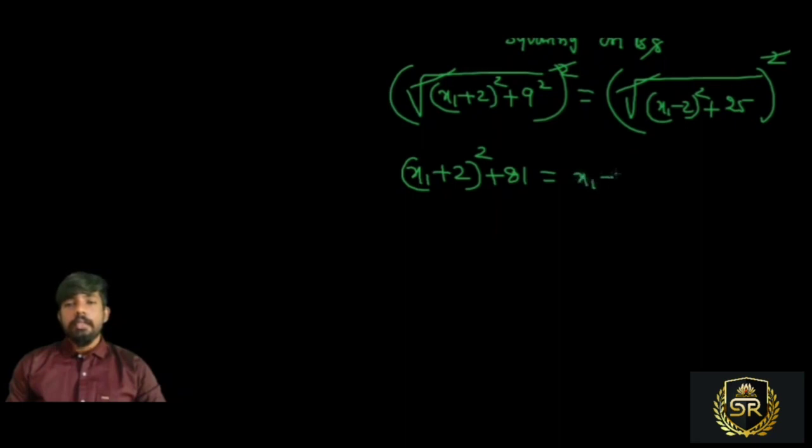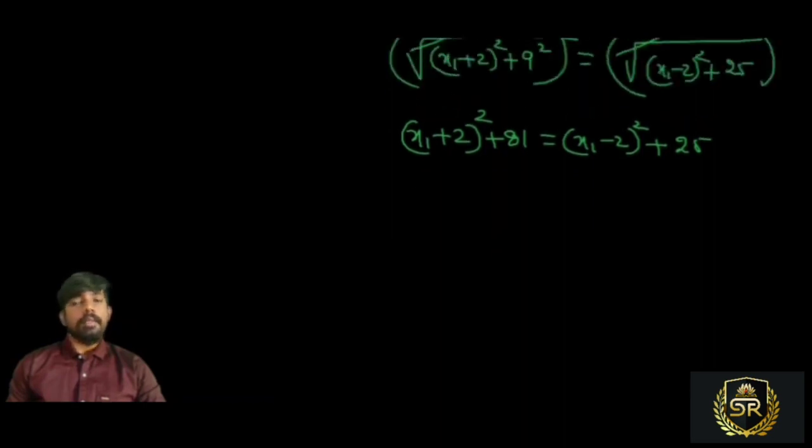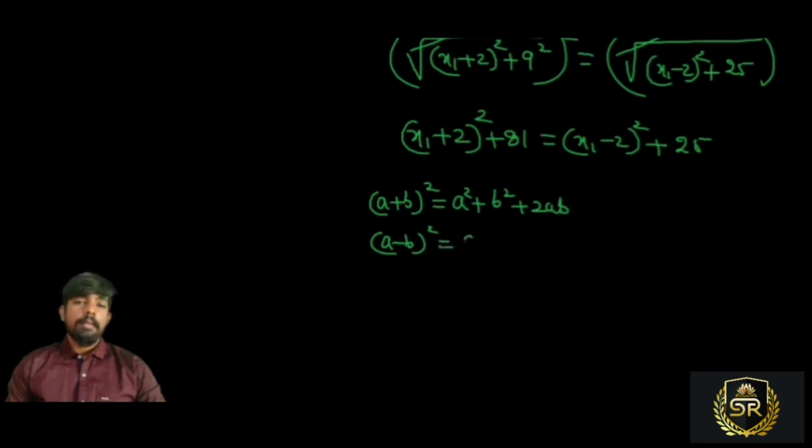Now expand. We know the formulas: a plus b whole square is a square plus b square plus 2ab, and a minus b whole square is a square plus b square minus 2ab.